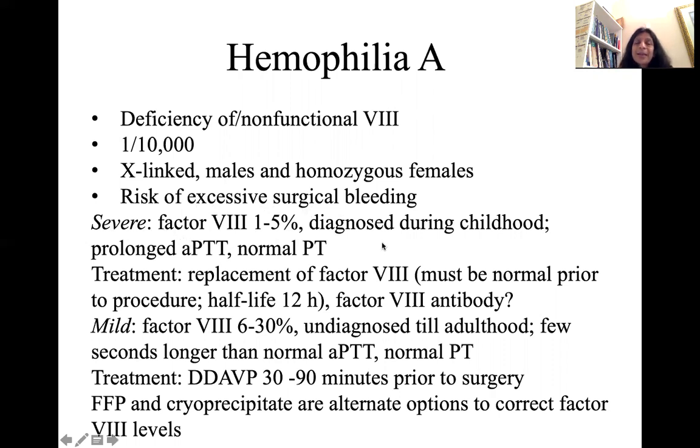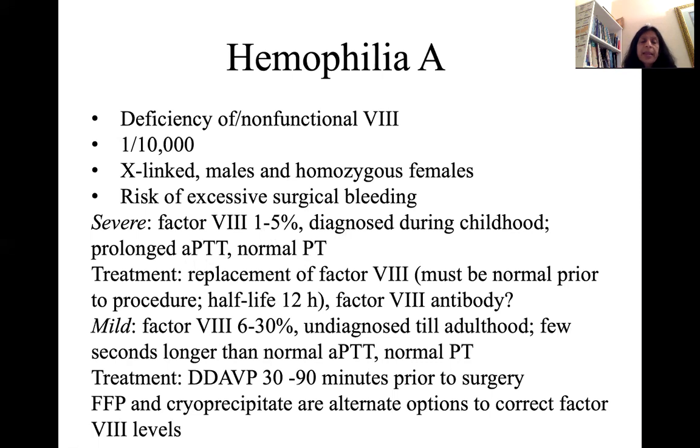So this is where factor 8 is only about 1 to 5%, diagnosed during childhood because of bleeding that occurs in different parts, and then a prolonged APTT, then normal prothrombin time.